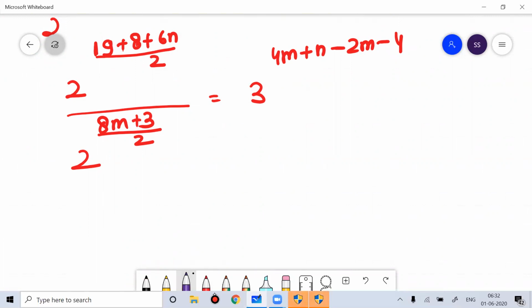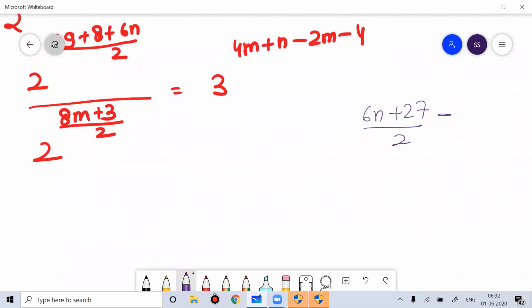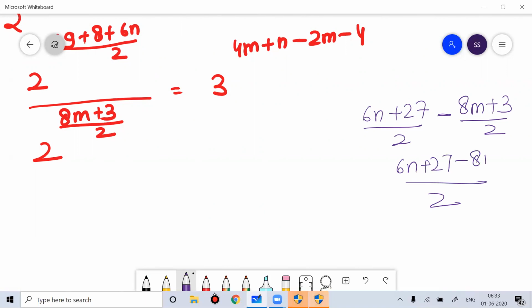This will become 6n plus 27 by 2 minus 8m plus 3 by 2. If we take LCM, this will be 6n plus 27 minus 8m minus 3. So this will be 6n minus 8m plus 24 by 2.